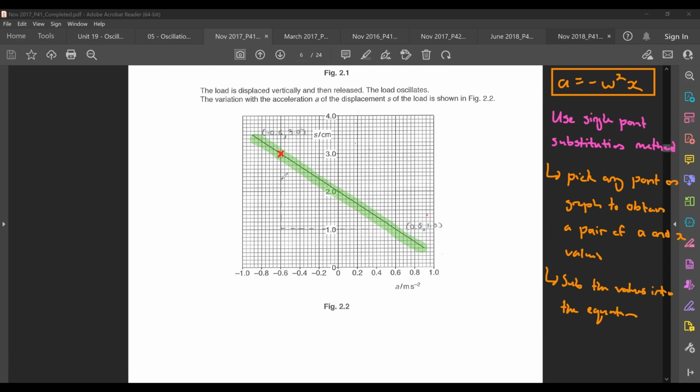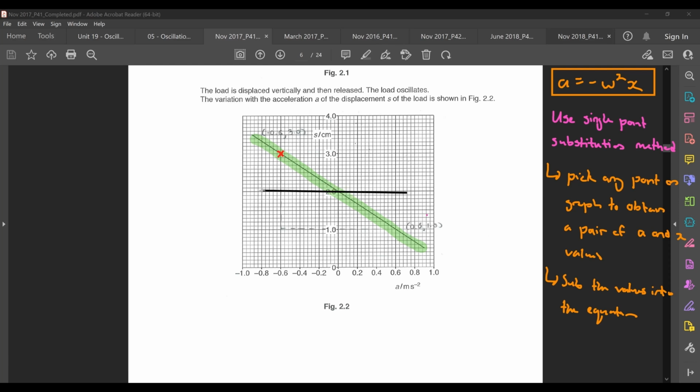If I pick this particular point here, the value I should have for the displacement is actually going to be 1 centimeter, because this one is my equilibrium position.